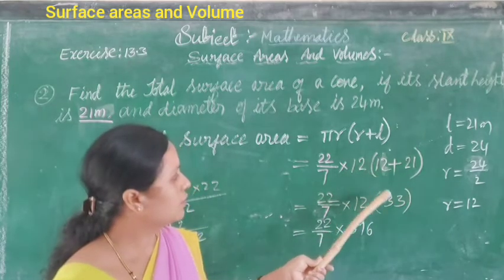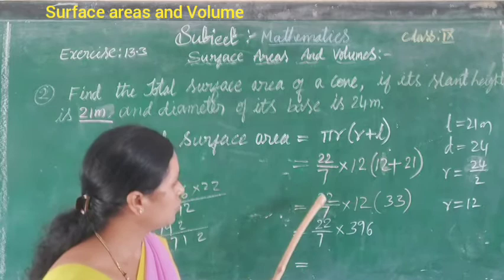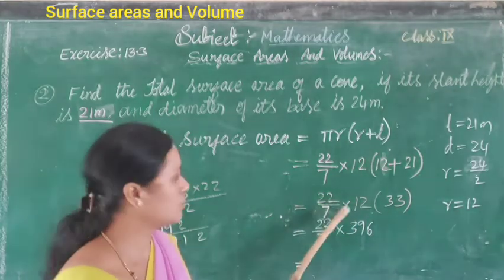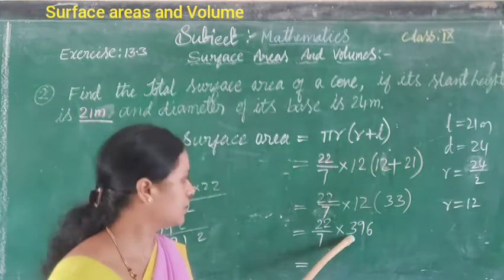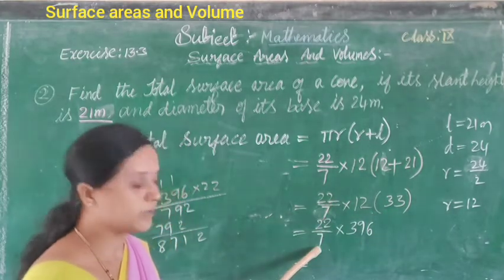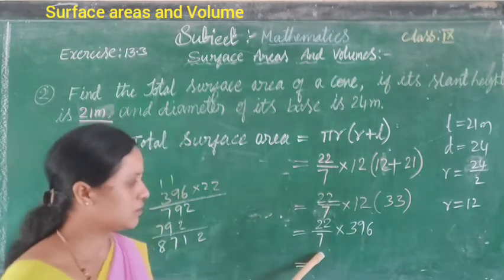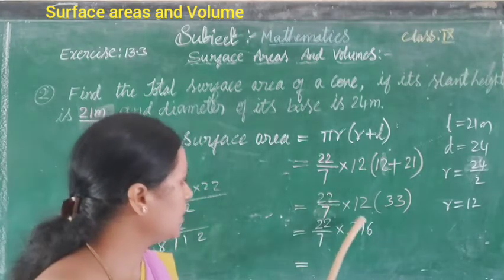Now you can add, we get 33 and 12, you write 22/7 as it is. Here the 12 is not divided by 7, so you can multiply this 12 into 33, that is 396. You write 22/7 as it is. Here also this 396 is not completely divided by 7, therefore you multiply the numerator.